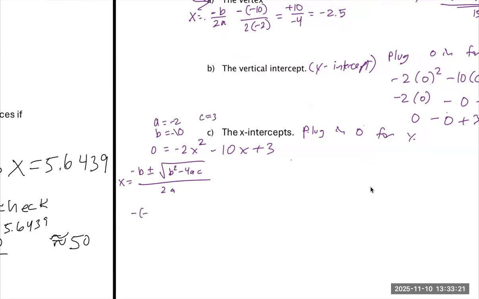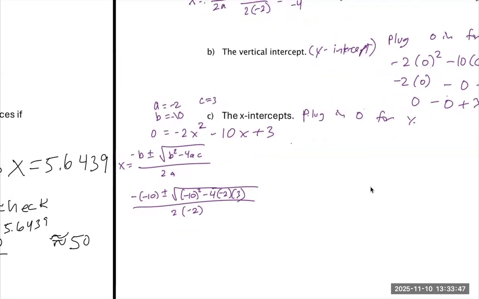So a is -2, b is -10, and I'm substituting in parentheses. You always want to substitute by putting your thing in parentheses. All over 2 times -2. So it's 10 plus or minus the square root. 10 squared is 100, or -10 squared.